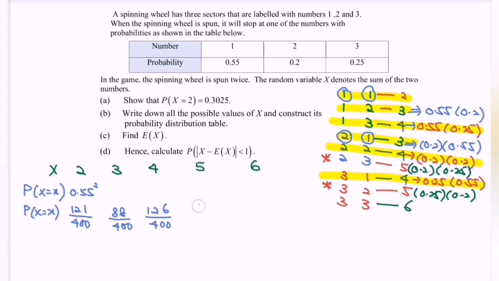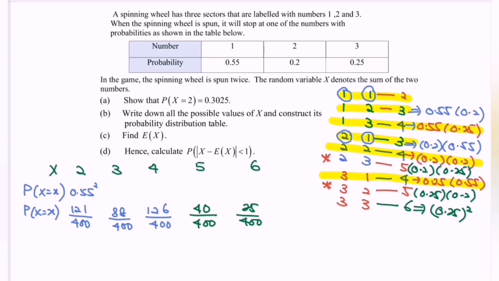So we will have 40 over 400. And then finally, referring to number 6, here we have the number 6. So 0.25 bracket squared. If we square the situation, our answer will be 25 over 100. So basically, that is the probability distribution table for this case.